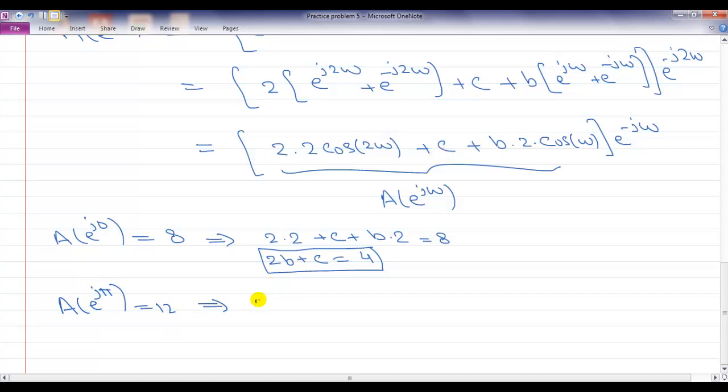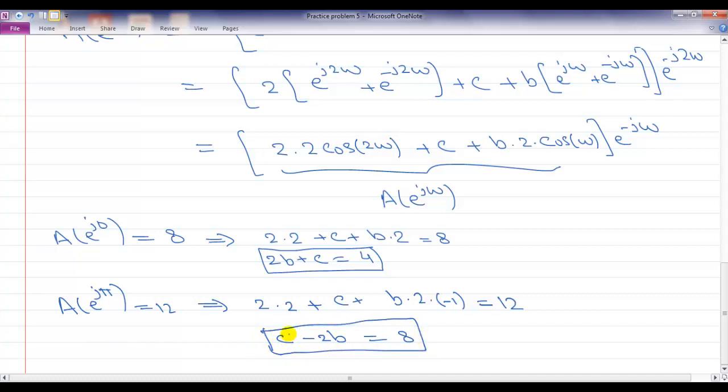I get 2 times 2 cosine of 2 pi, that is 2, plus c plus b times 2 times cosine of pi, which is minus 1. So I get c minus 2b equal to 12 minus 4, that is 8. Okay. This is the other equation, and hopefully we know how to solve two equations in two unknowns, and that will give us the value of c and b.